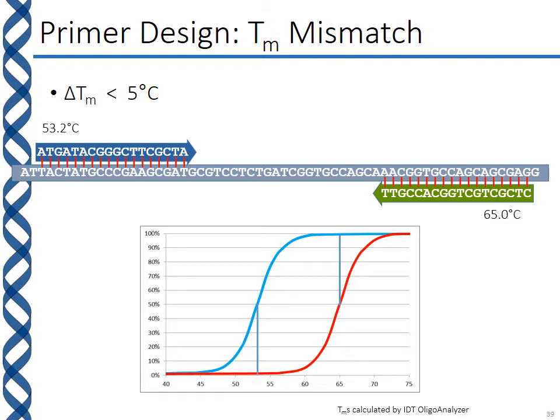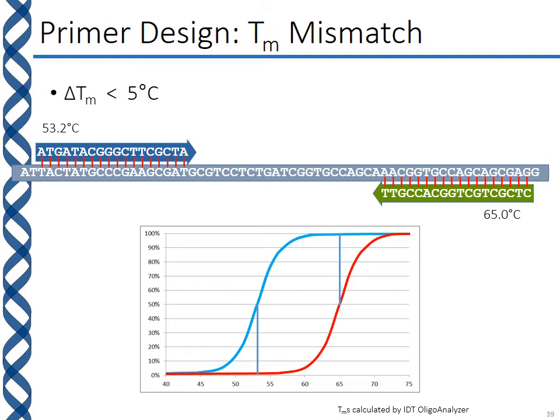However, if we take a look at the TM of the forward primer, where 50% of its molecules are bound, now we have essentially all of the reverse primer bound to various locations along the DNA sequence.